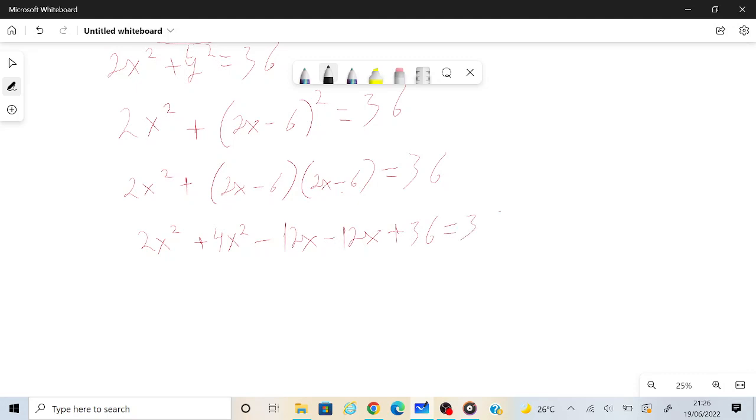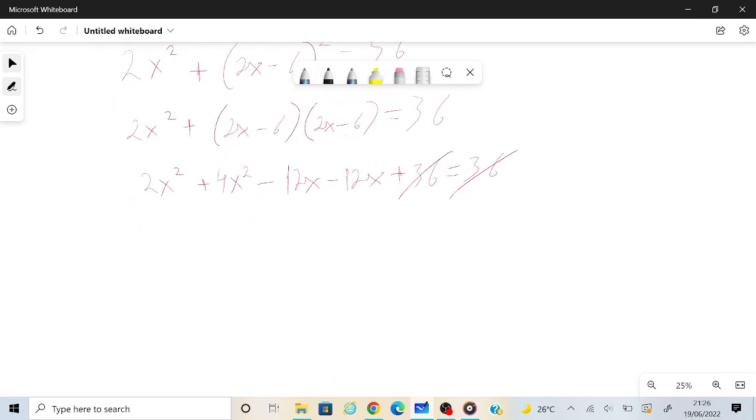Cool. These two 36 cancel each other out, so we can take them out of the equation. We are left with 6x squared minus 24x equals 0.